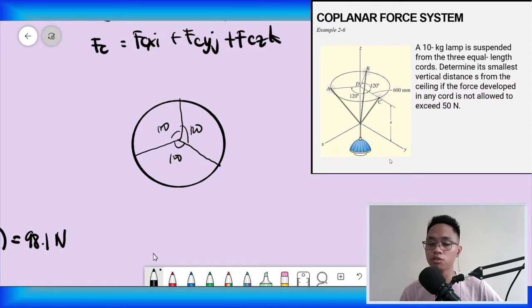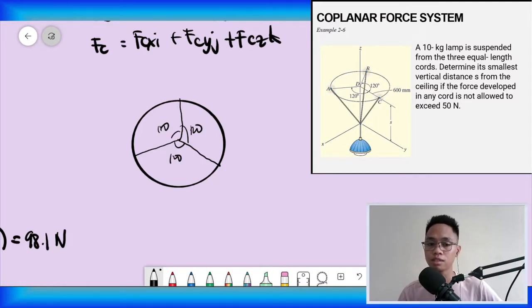Now, if you are going to do summation of forces X, we have A on top, A here, then X here in B, X here in C. But if you notice, C has no X component. Now, A and B are equal, so whatever X components they have, it is always zero.